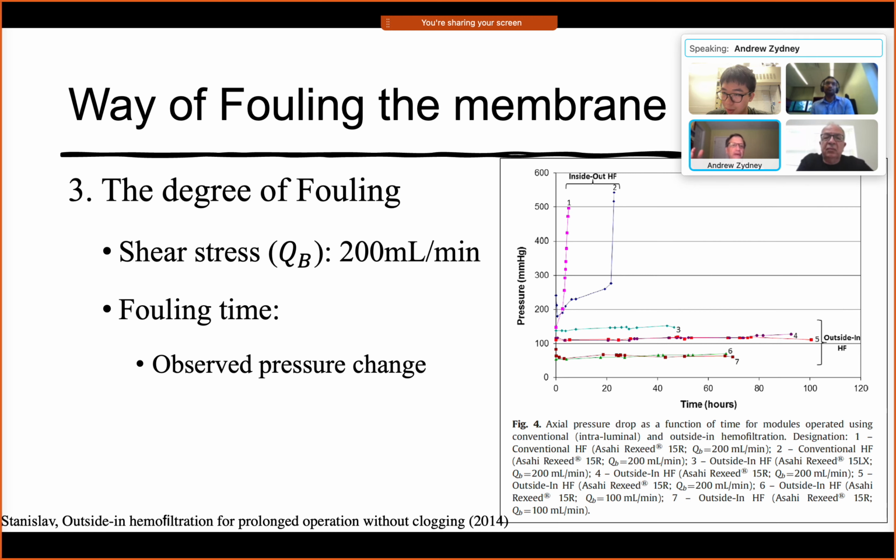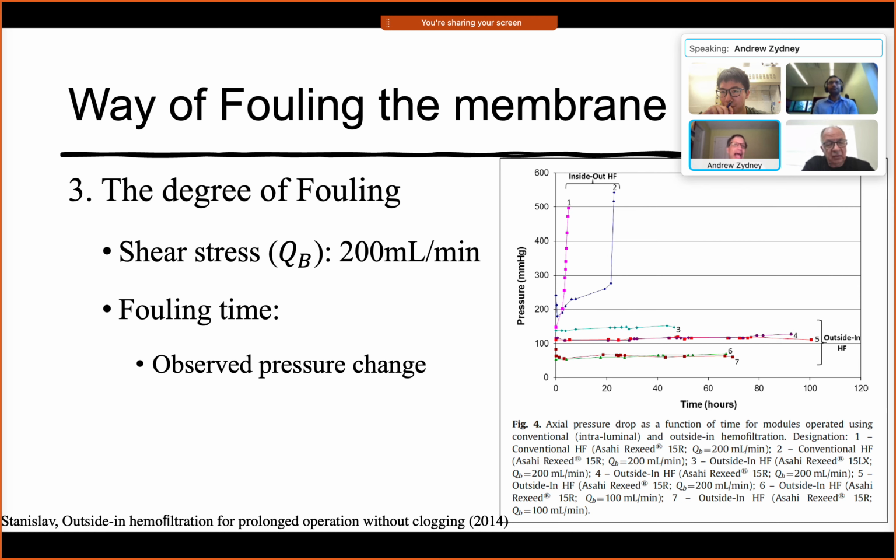Whereas if you foul from the outside in, you run the risk of depositing a lot of BSA, potentially irreversibly, within the porous structure of the membrane, because it's going to get in and it's very hard for it to get out. And since BSA does tend to stick, you could get a lot of deposition of BSA.